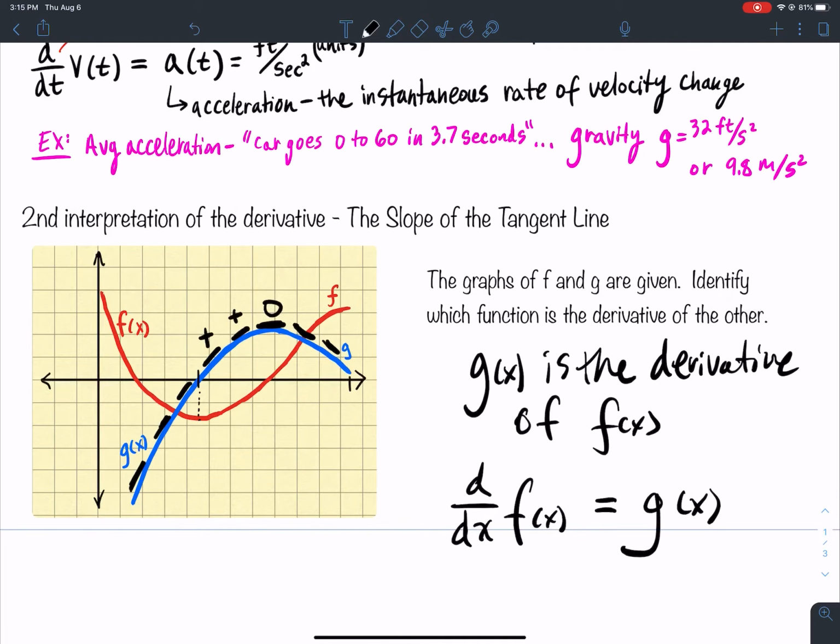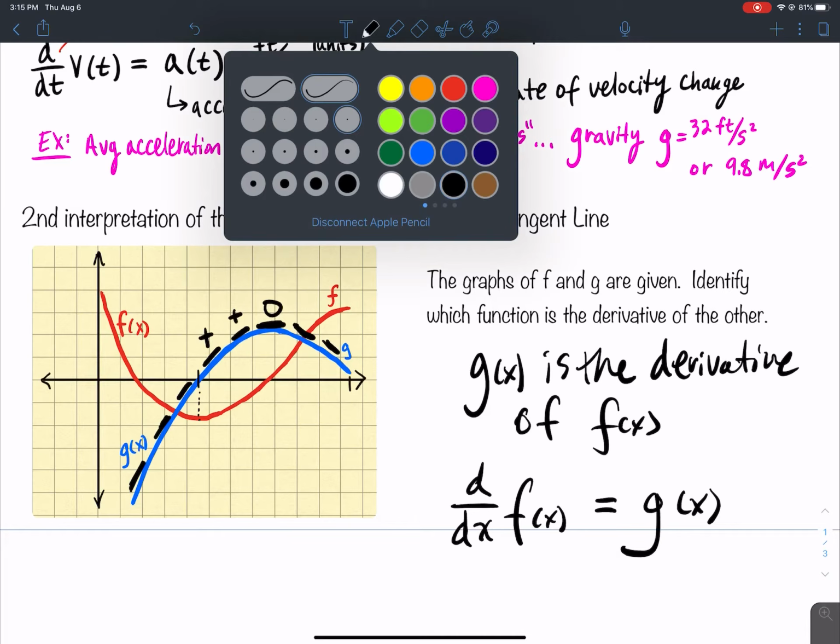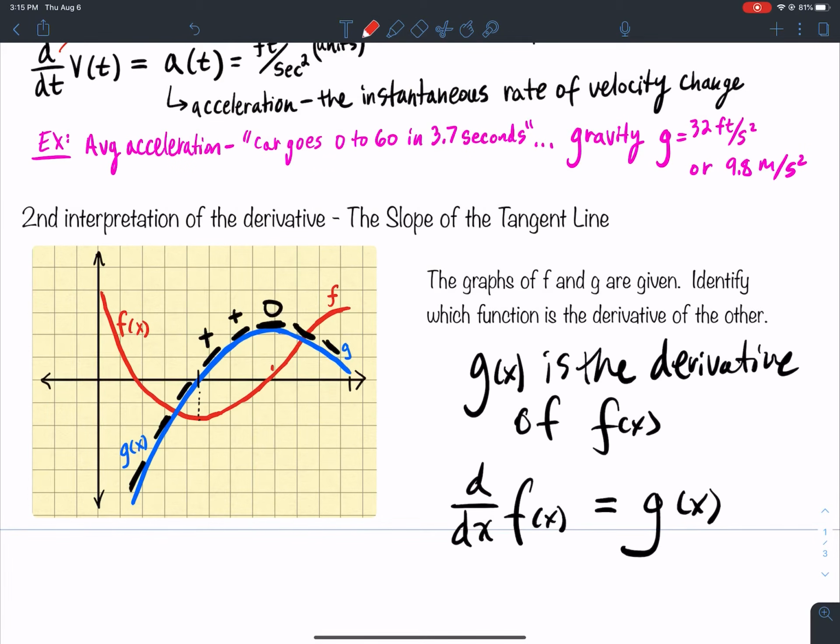So if I was going to graph this, I would see, all right, right there I've got a 0 slope, so that actually lines up okay. But then this tells me that the derivative is positive, so that means that the graph actually needs to be above the axis over here, okay?